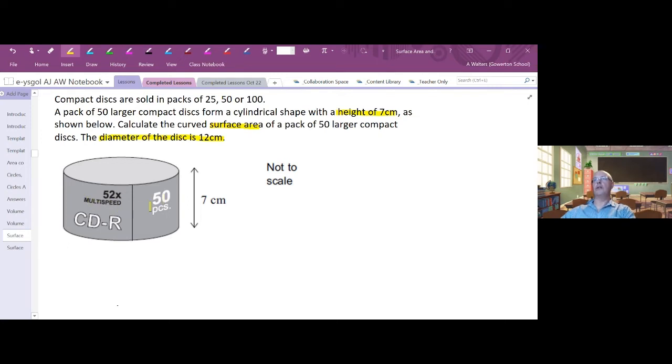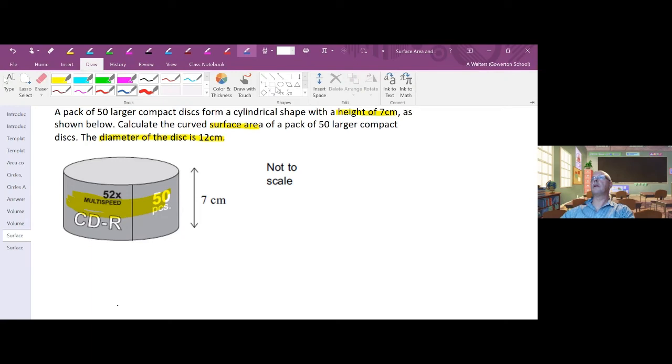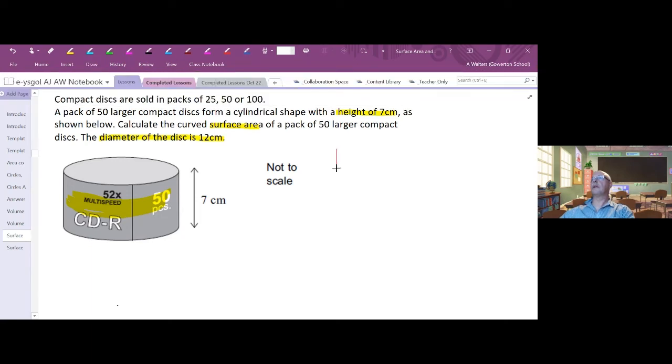So what we've got, if you unravel that packaging, it's a rectangle, and the rectangle will have a height of 7 centimeters, and then it has a circumference here, the distance all the way around this circle.